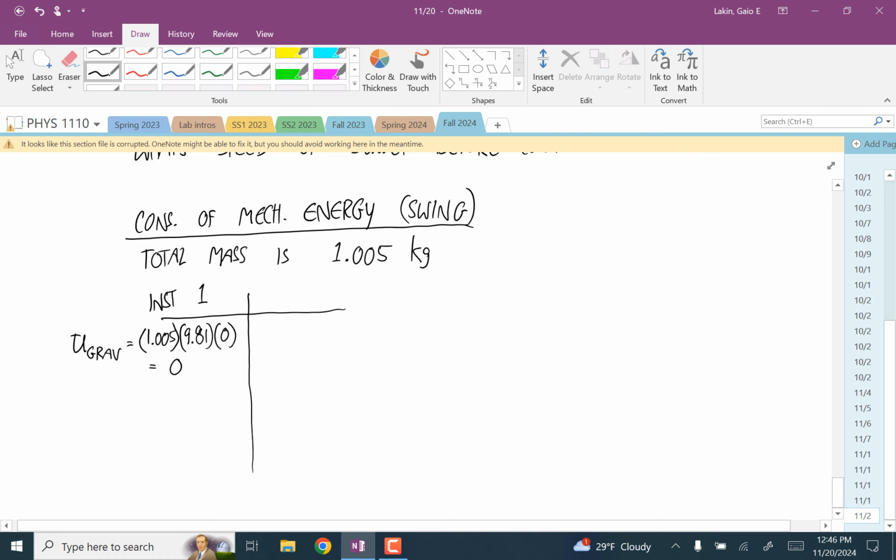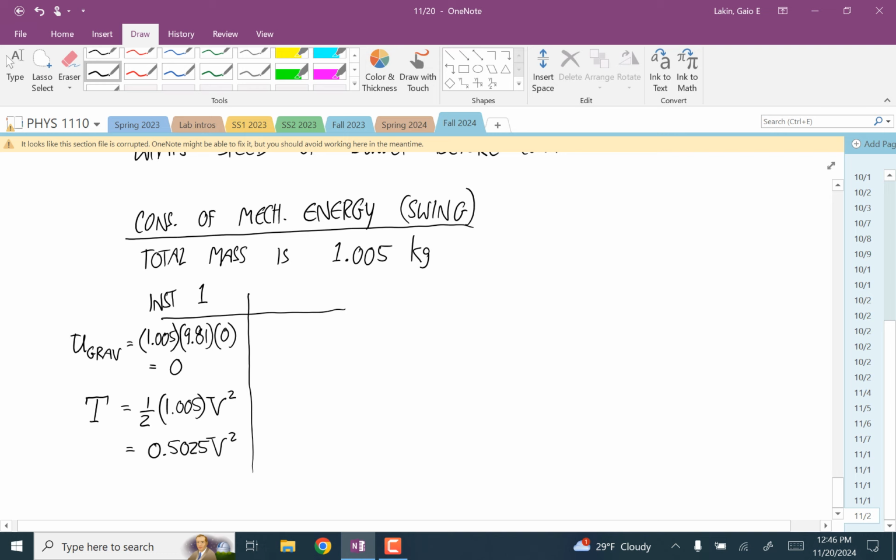And the kinetic energy, we're trying to calculate this speed, so we're just going to call this 1/2 times 1.005 times v squared. So this is 0.5025 v squared.